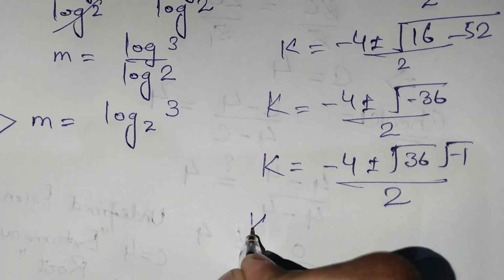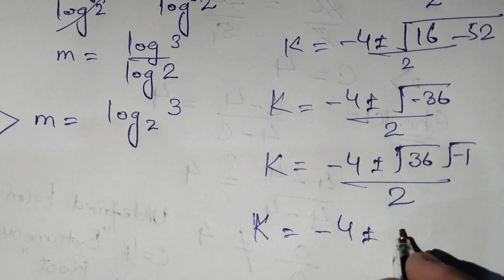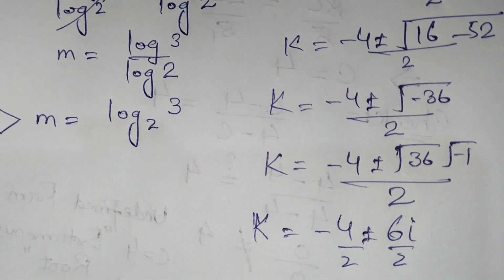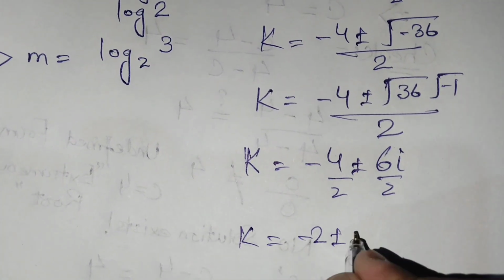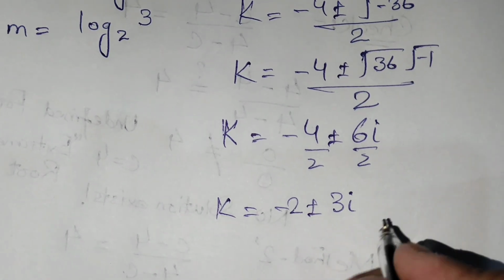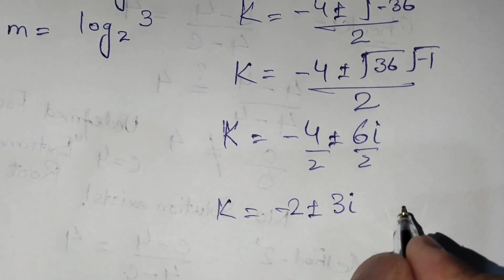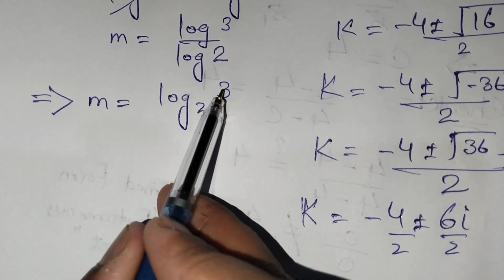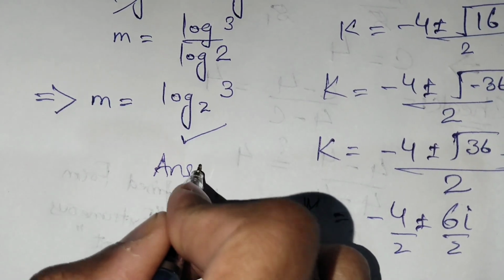Now k will be equal to minus 4 plus minus square root of 36 is 6 iota, divided by 2. So k will be equal to minus 2 plus minus 3 iota. But this is not a real solution, so we will reject this. So the only value of m is log of 3 with the base 2. This is the final answer.